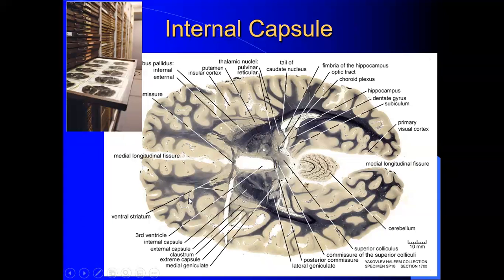Now, with this slide, we're going to introduce the Yakovlev Haleem collection. Yakovlev was a neurologist who collected specimens of brain from 1930 to 1974, an entire career. And this is his collection. Look at the size of these slides. These are whole brain glass slides.